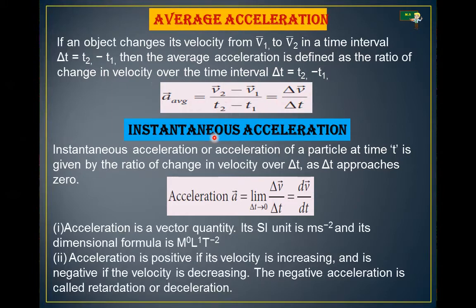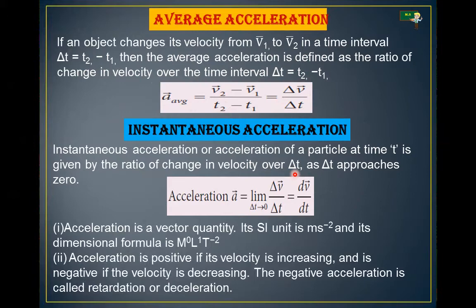What do you mean by instantaneous acceleration? I think you all know the word instantaneous. It means a sudden, immediate acceleration or immediate velocity or immediate decision is called instantaneous action. Instantaneous acceleration or acceleration of a particle at time t is given by the ratio of change in velocity over del t.